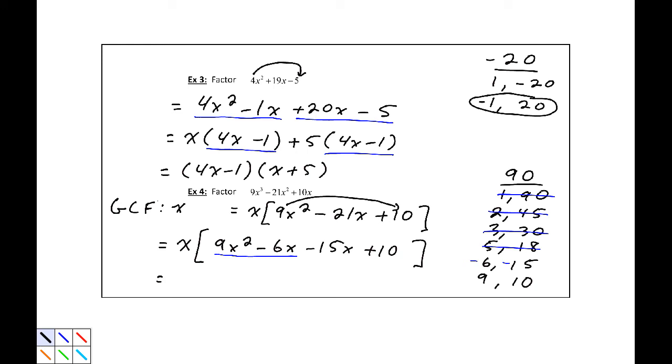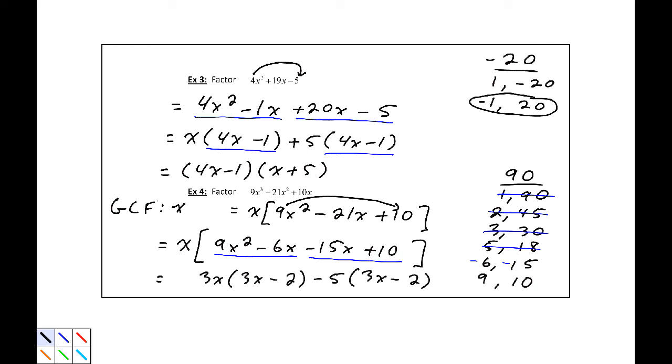And those have a 3x that I can factor out of them as a greatest common factor. That results in 3x minus 2. Now, second two terms, negative 15x plus 10, have a 5 that I could factor out of those. I'm going to take that as a negative 5 because that 15 is negative. That will result in 3x minus 2.